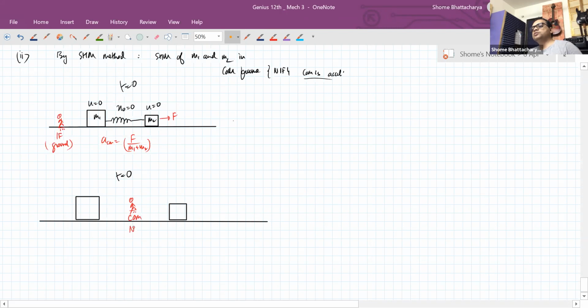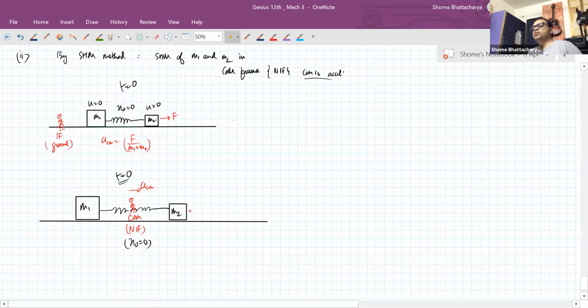So we become a non-inertial observer. We are traveling with acceleration ACM. So what we notice is that x0 is 0 at t equal to 0.